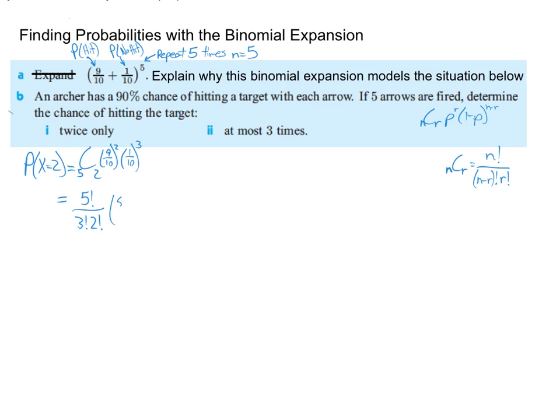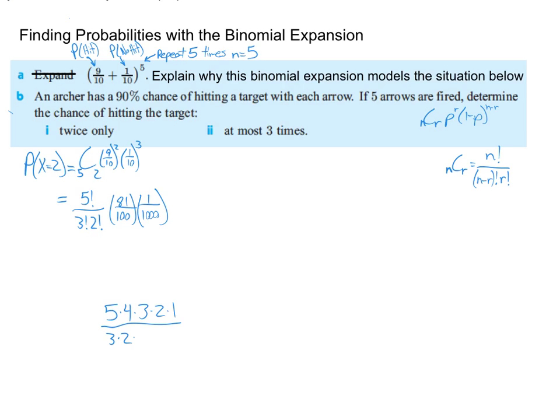We're going to have 81 100ths, and this is going to be 1 1,000th. Can we change it to decimal? If you want, you can. But 5 factorial, if you remember, is 5 times 4 times 3 times 2 times 1, and 3 factorial is 3 times 2 times 1.